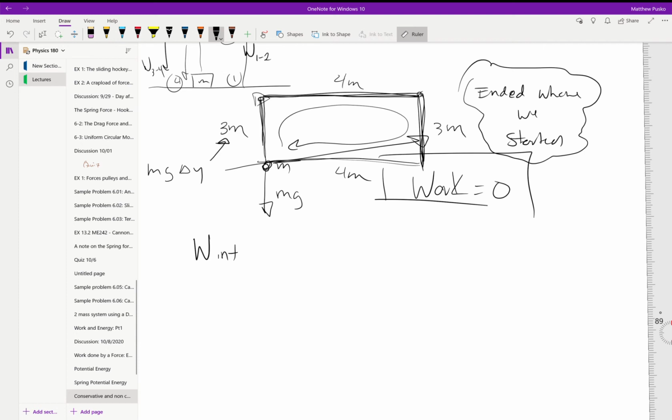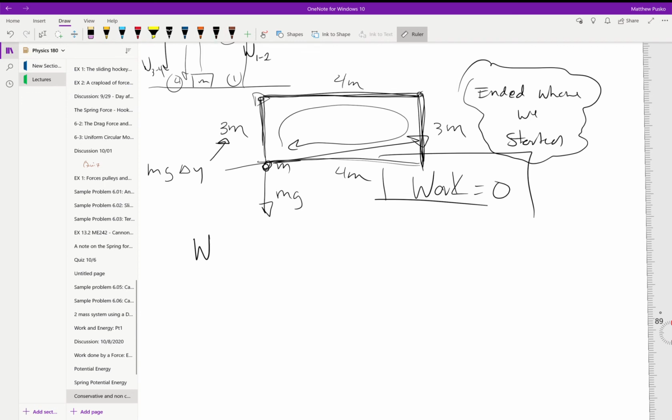We're just looking at one object right now, but we can only do this if it's conservative. In general, we can say that the work done by a conservative force on an object, as the system changes from one configuration to another, is equal to the initial value of the potential energy minus the final value.